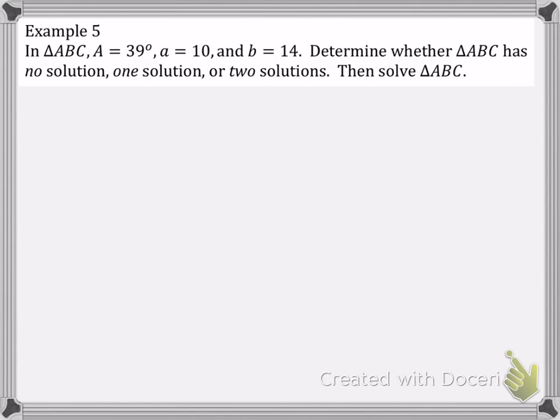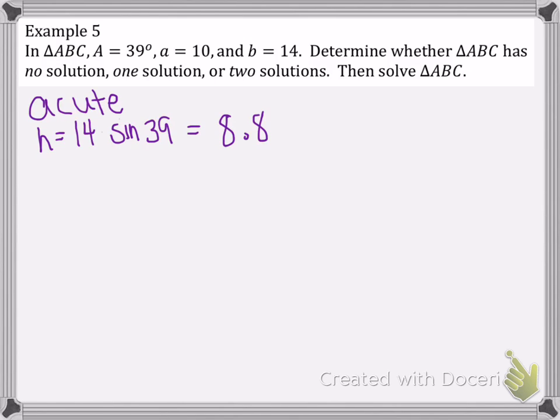The next example, angle A is 39 degrees. So that means it's acute. Since it's acute, I want to find my height, which is going to be 14 times the sine of 39, which turns out to be 8.8.